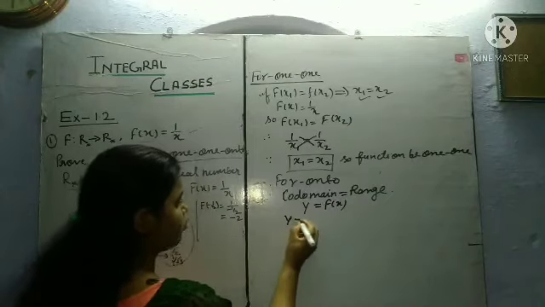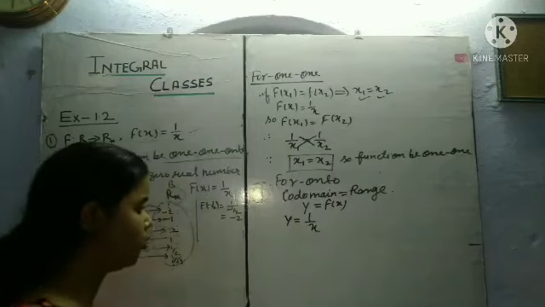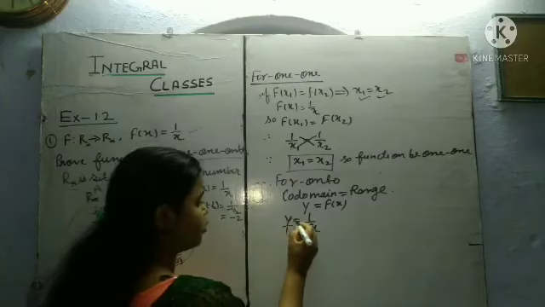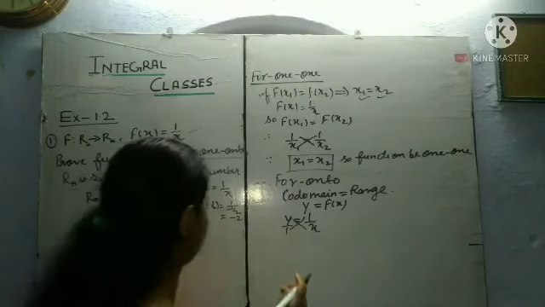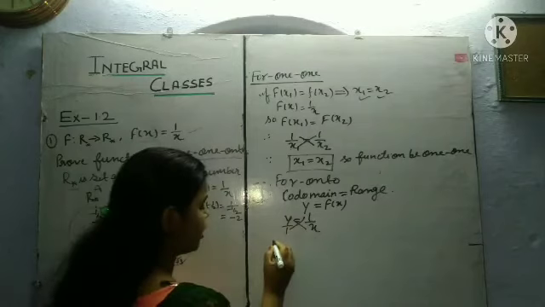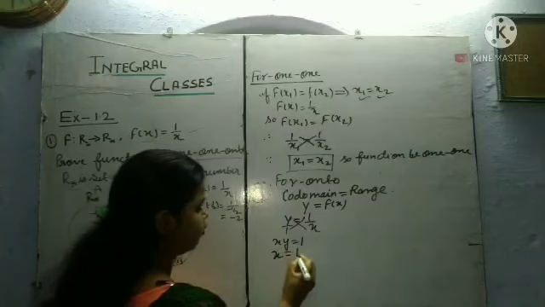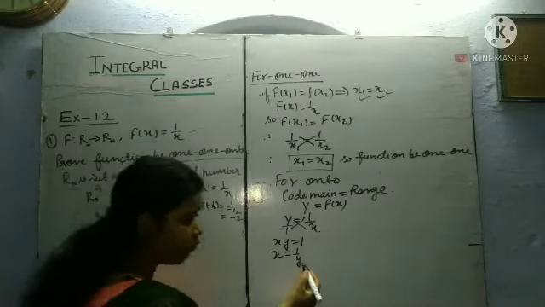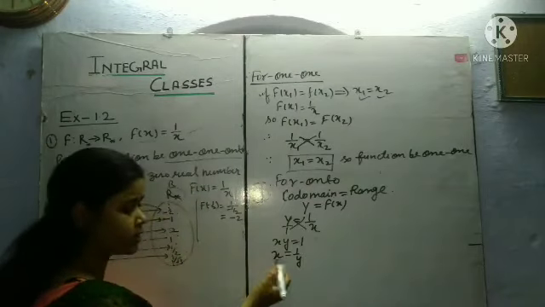So y equals the value of f(x), which is 1 upon x. Now we will write x in terms of y. We do cross multiplication again, then we get xy equal to 1, then x equal to 1 upon y. It means if we put the value of y, then we get the value of x.